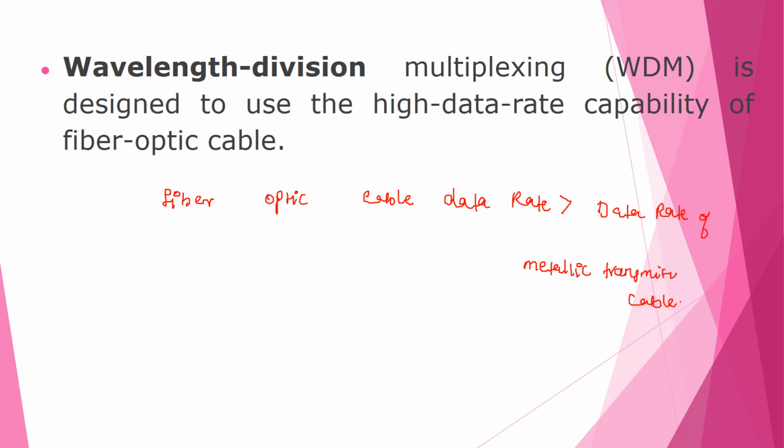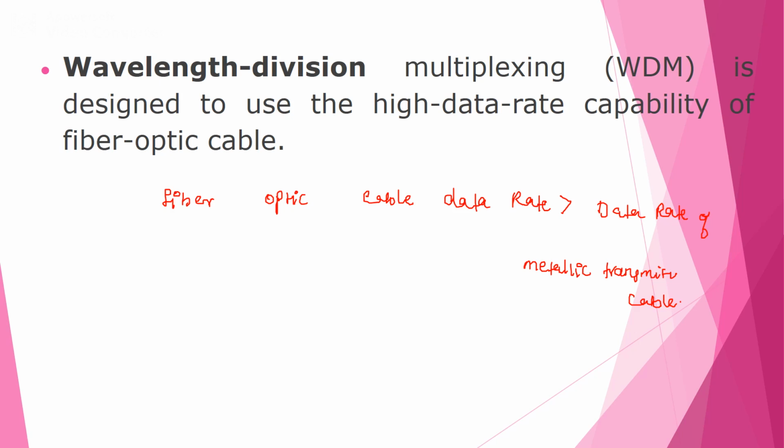Even if the basic idea of multiplexing, that is the WDM concept, looks very simple, the actual procedure involved within the WDM concept is complex. So I can say that WDM is a complex technique.